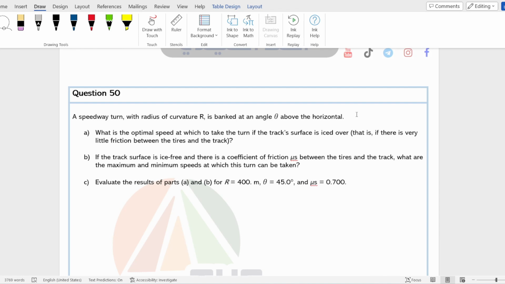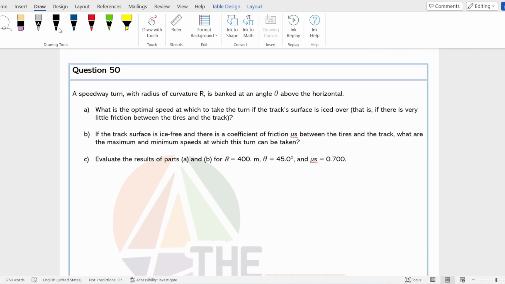Again, we will use the same equations that we have derived before. For A, since this is a frictionless surface, it's iced over, that means µs is very, very small, so there is little to no friction.